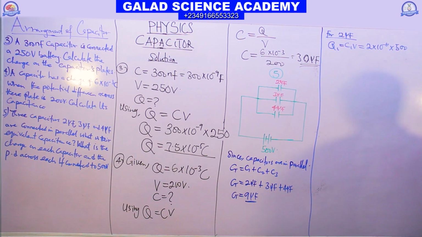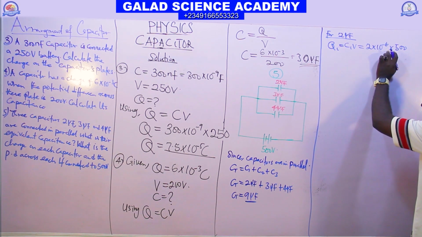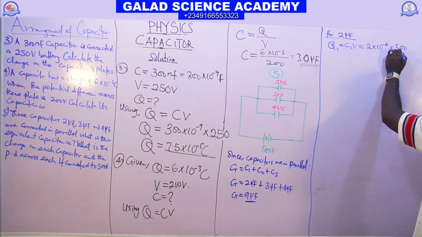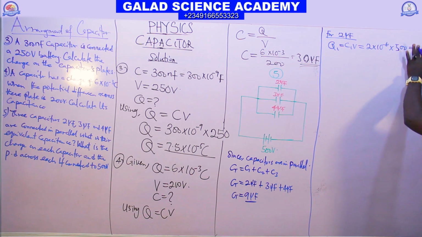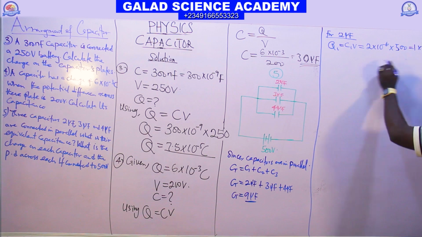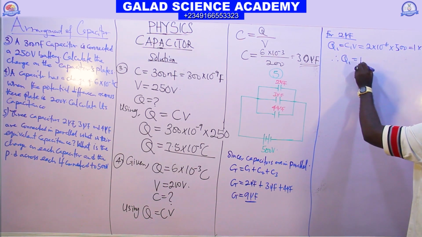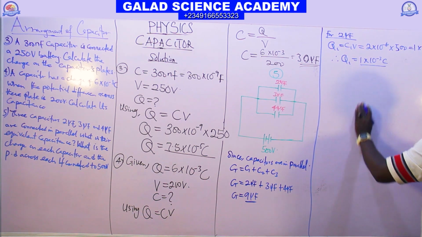Multiplying, we have 1 times 10 raised to the power minus 3 coulomb. Therefore, the charge Q1 is 1 times 10 raised to the power minus 3 coulomb.